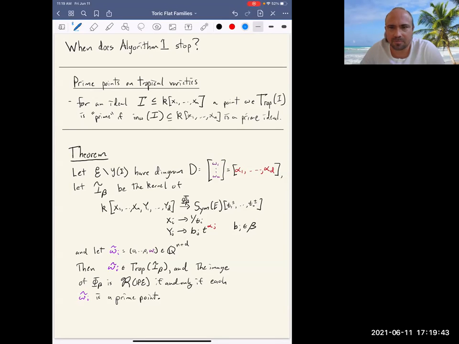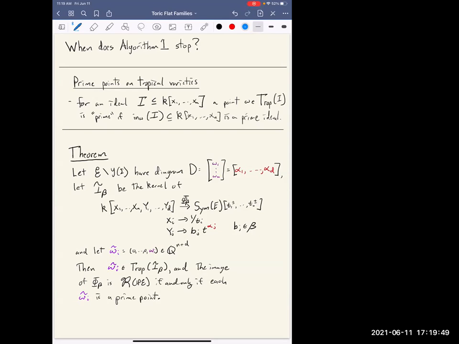Except when I blow up 9 or 10 or more points, then things get out of hand. That's right. In that case, this algorithm won't stop, and you won't be able to find an ideal where this prime point condition holds.